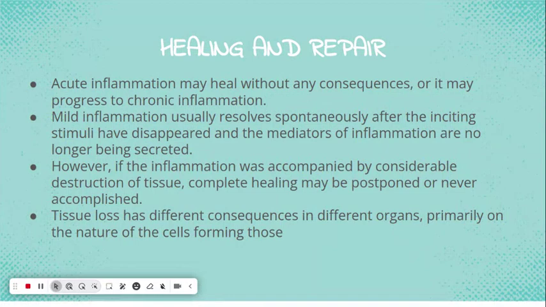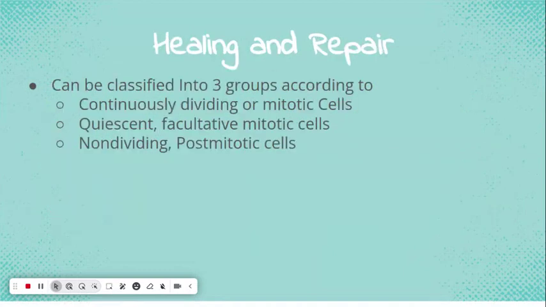Tissue loss complicates healing, but it's going to differ drastically between organs. Primarily, what makes this so dependent is the nature of the cells forming those different organs. So we have 3 groups of cells that we want to be able to classify.